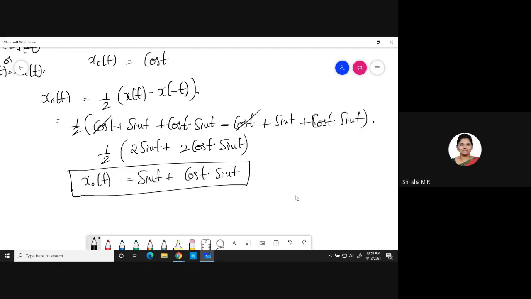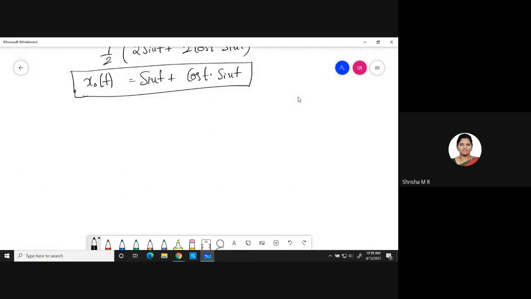So I'll give you one problem. You try solving this. Find the even and odd components of the signal.